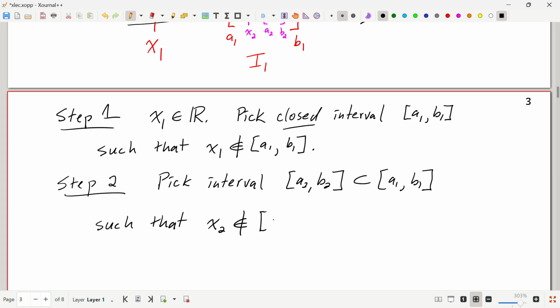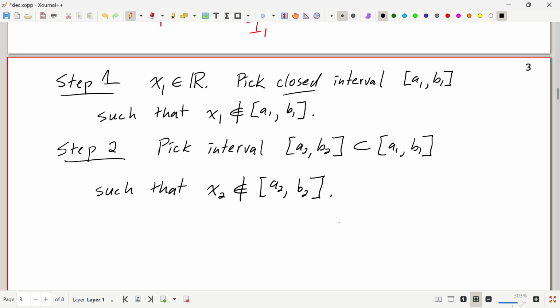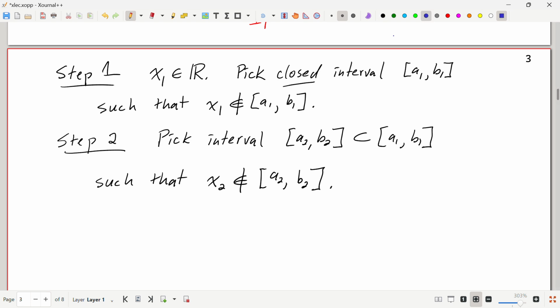What am I trying to say? I mean, sorry, it's not in the second one. Okay, interesting. I mean, if A2 is outside of that interval, then here's a remark. You can always do that, and it's even easier if X2 is not even in there.